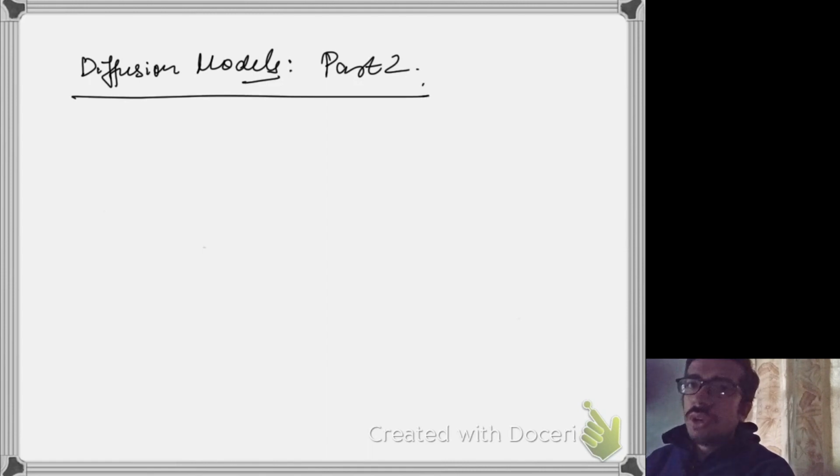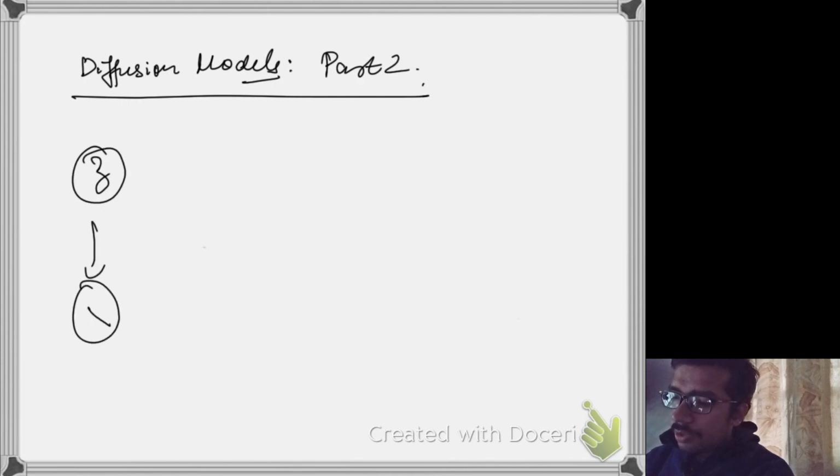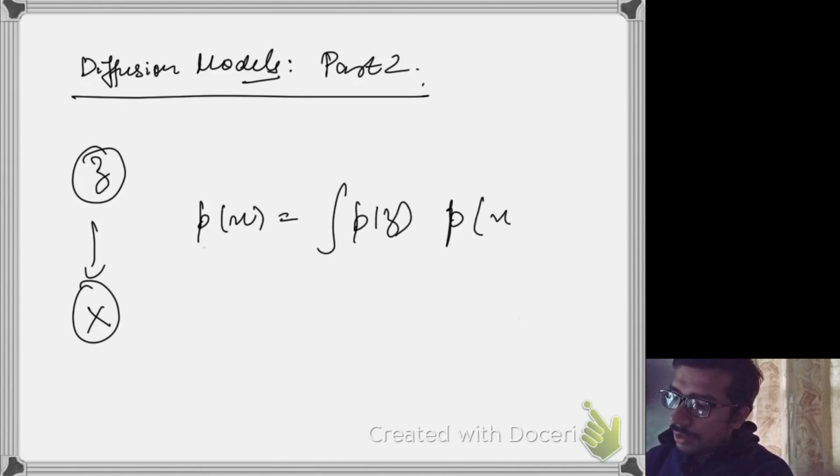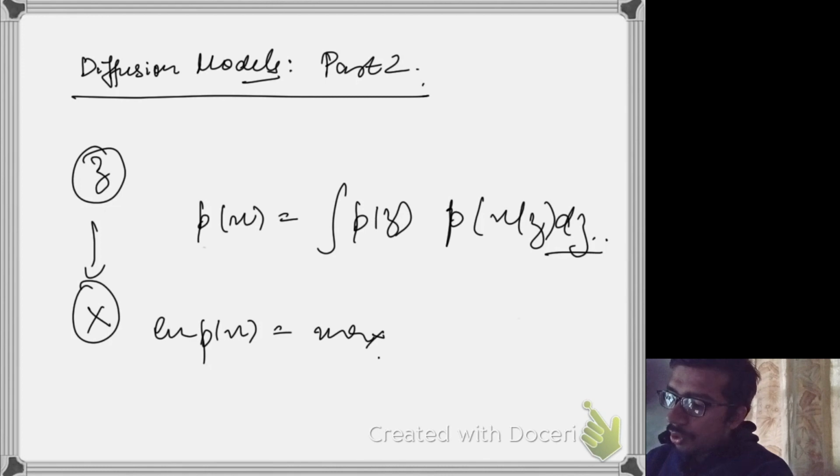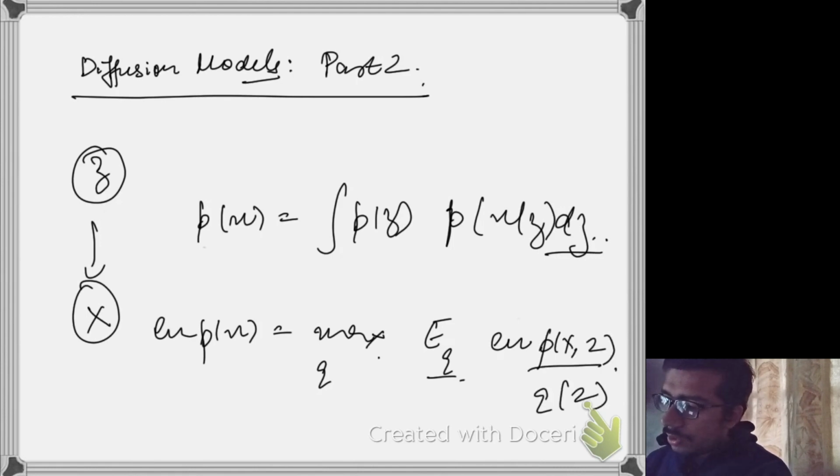So last time we saw that for a latent variable model, wherein we defined the distribution of x as integral over z p(z) p(x given z) dz, we could express log p(x) as the maximum over all distributions q of the evidence lower bound, expectation over q of log p(x,z) by q(z).